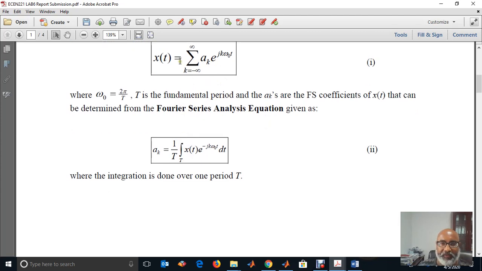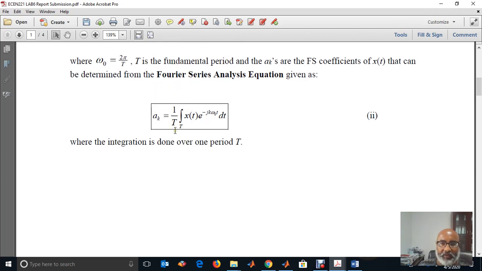Now, how do we find these a_k? The a_k can be found from the analysis equation: a_k equals 1 over T times the integration over one period of x(t) multiplied by e to the power of minus jk omega naught t dt.